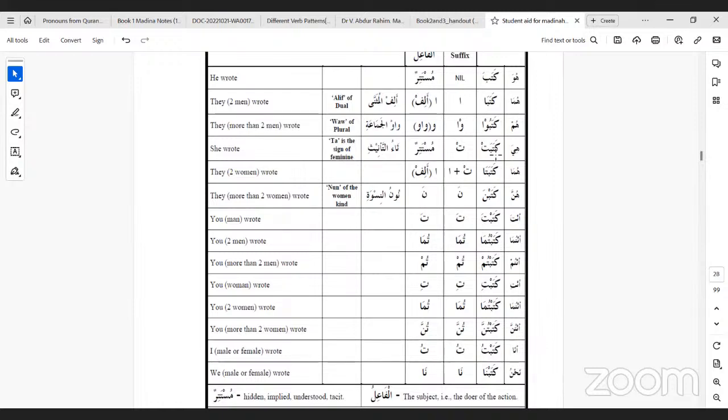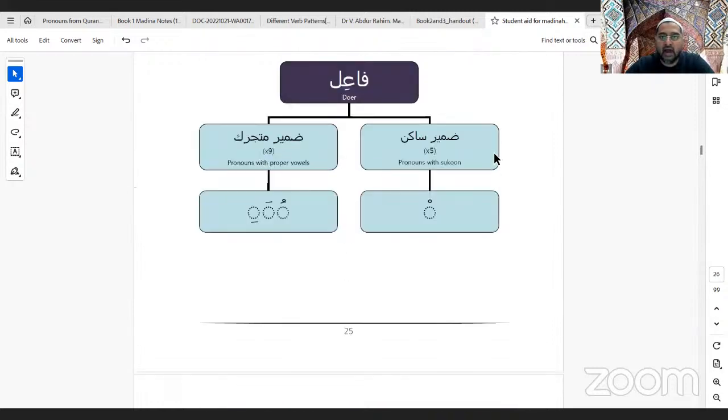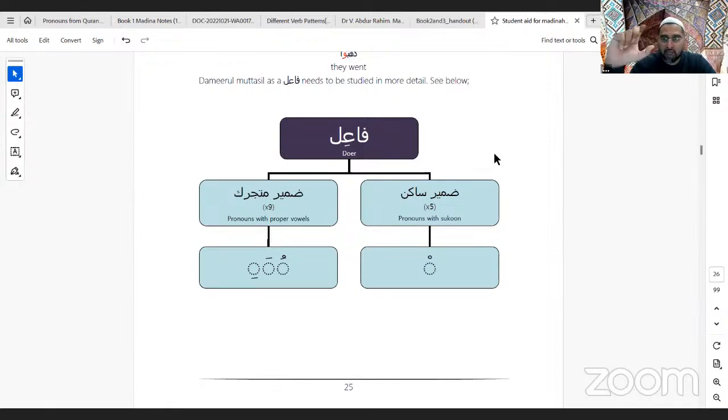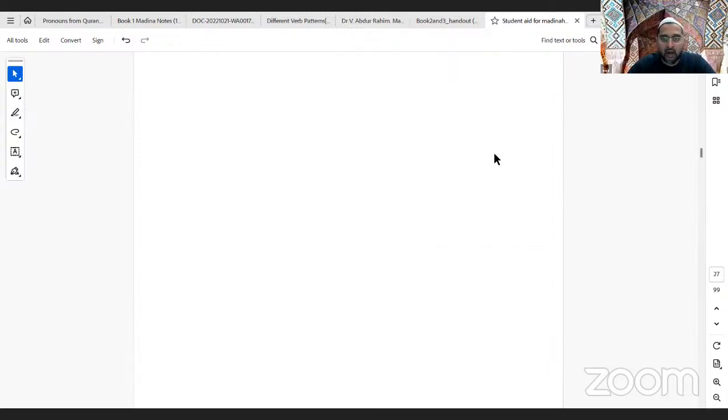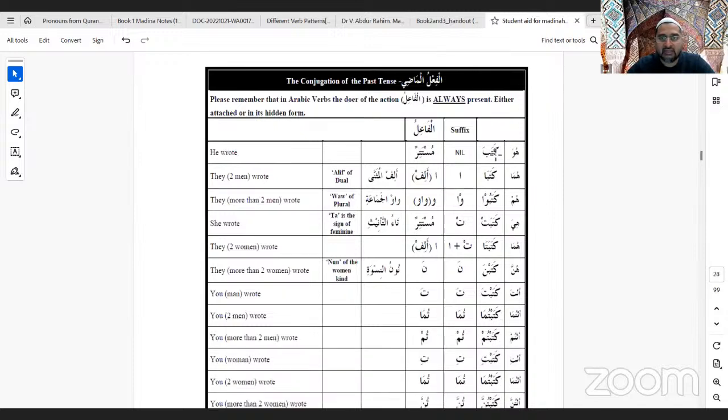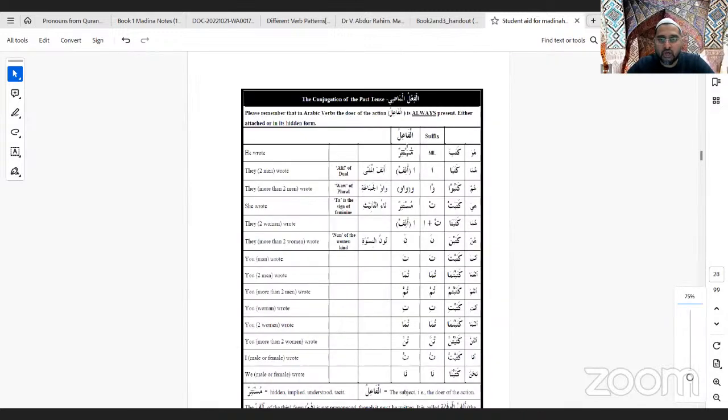So all verbs either have a physical name, a noun situated after the verb, as the doer, or the pronoun within the verb can be the doer. You've got this handout. I've sent this handout before. This one shows you when it says al-fa'ilu, mustatirun means hidden.